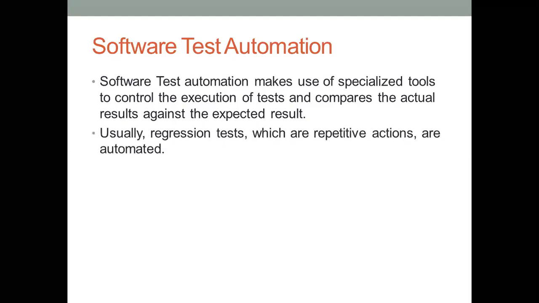So which are the tests in which we apply automation? Generally a regression test. What does that mean? It is one in which repetitive actions are happening, that we can automate, की ज्यामध्ये त्याच ऍक्शन परत परत घडतात, तर त्यांना आपण ऑटोमेट करू शकतो.